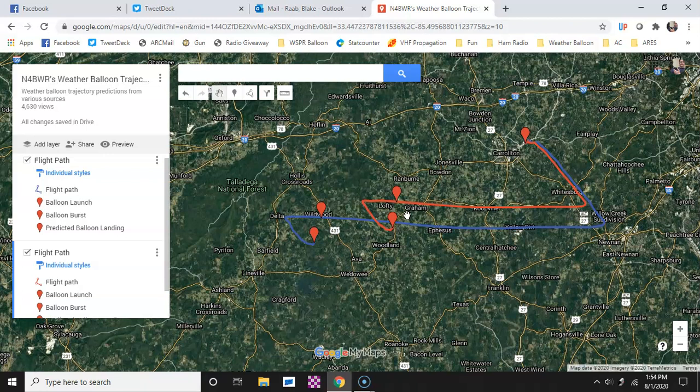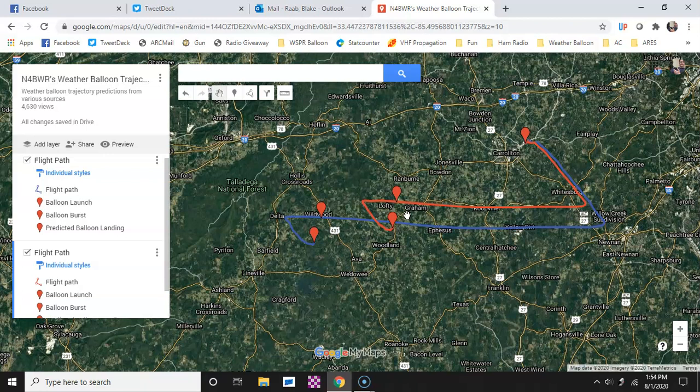And I've been beating this drum for a while. I think in the confusion of launch day, not everyone was aware of this, but I do post these predictions for launch day on the morning of launch day, and I really do think it's a possibility to be there when the balloon comes down, where it comes down, if we get on the road and get out there in time.